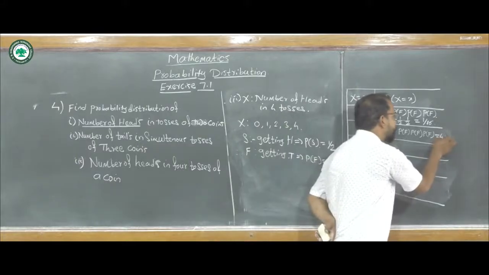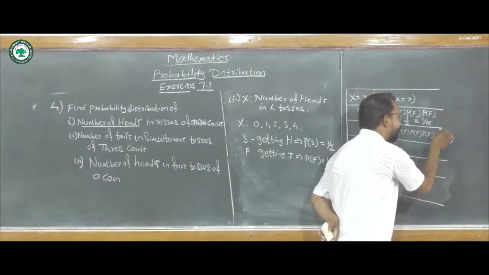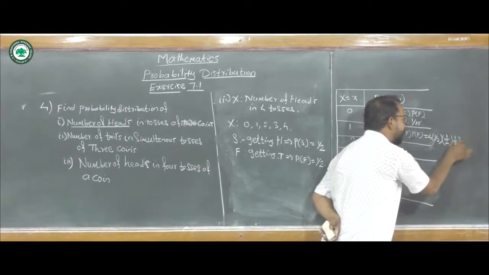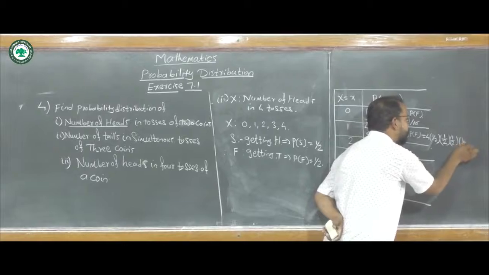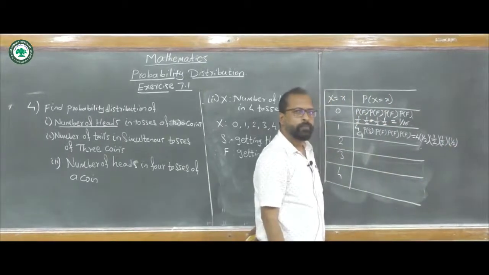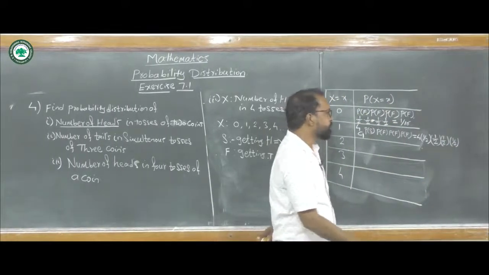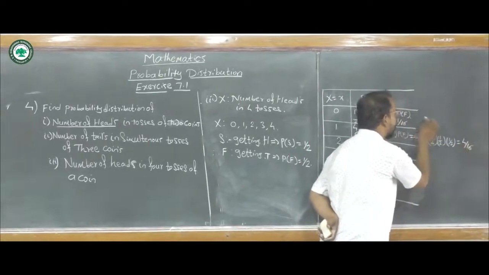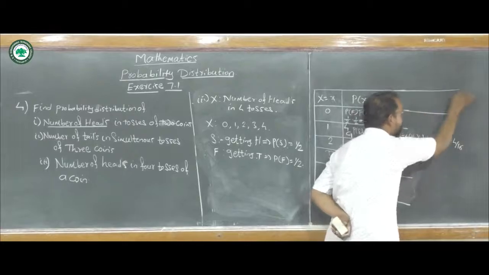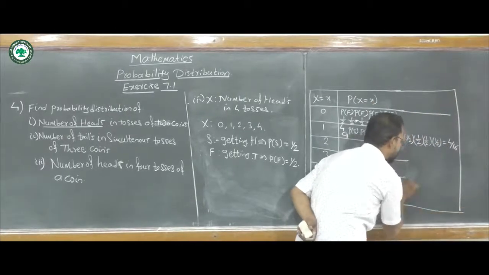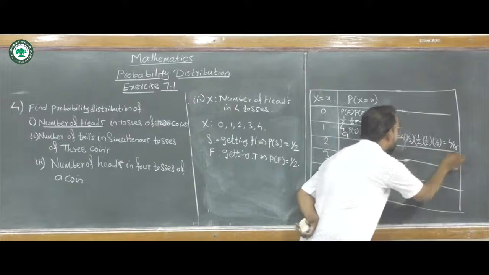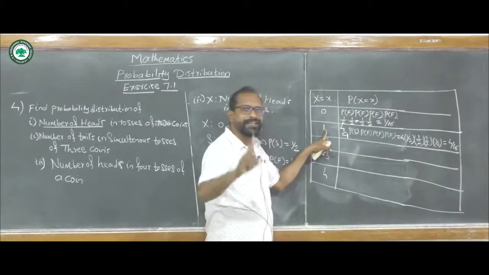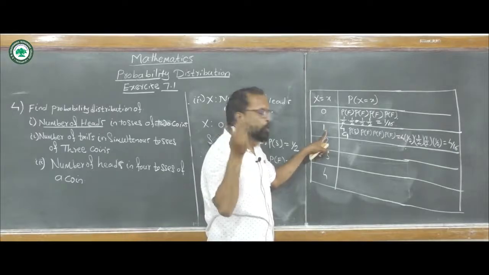So it becomes 4 into 1/2 into 1/2 into 1/2 into 1/2. If we multiply these, this becomes 4/16.